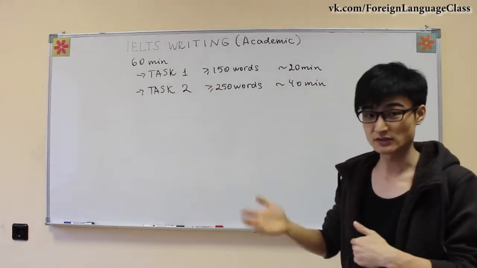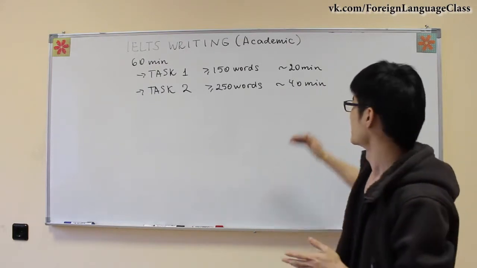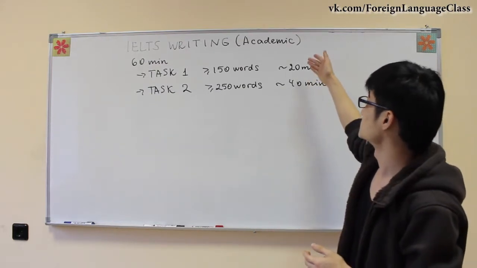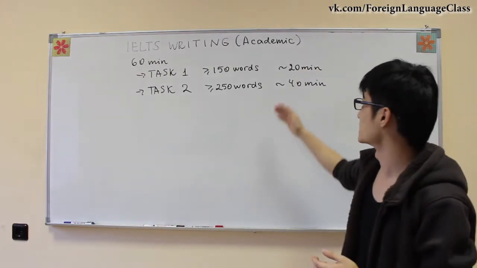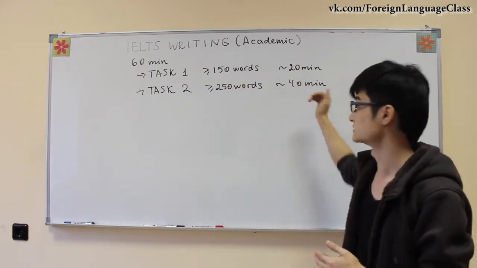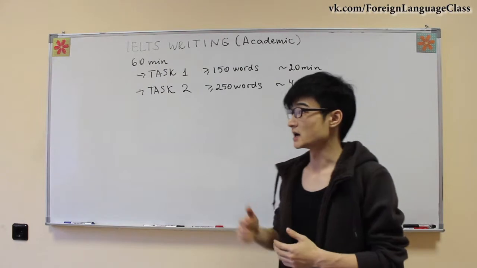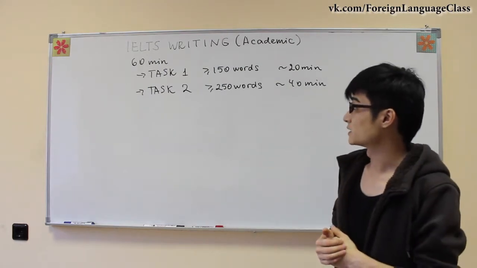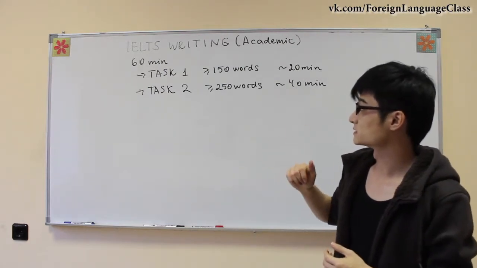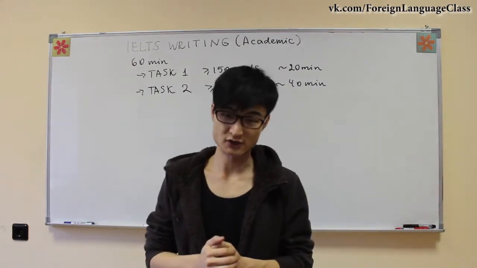But it's up to you how to use this time, how to divide your time. You may spend 15 minutes for Task 1 and 45 minutes for Task 2, or 25 minutes for Task 1 and 35 minutes for Task 2, so it's up to you. But now we are going to talk about Task 1 in more detail, so let's start.